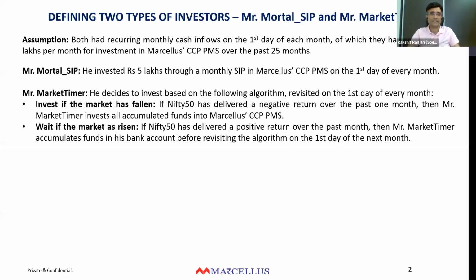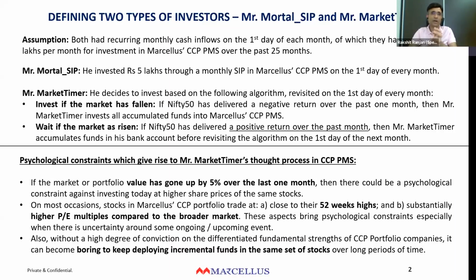So that's the algorithm. Now, the reason why we've decided to shape Mr. Market Timer's thought process like this is because of a few psychological constraints that most investors face, right? So the first constraint that people have is, for instance, if you consider the month of, say, November, markets as well as Marcellus's portfolio went up by around 10%.